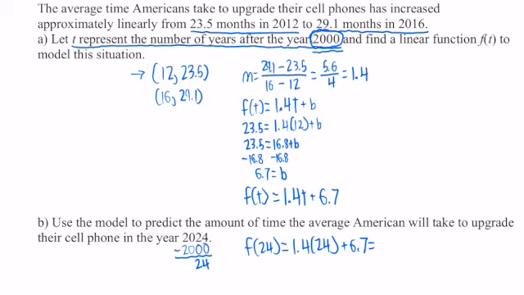So calculating this, 1.4 times 24 plus 6.7, I get 40.3. So here, remember what this is. We're dealing with time.